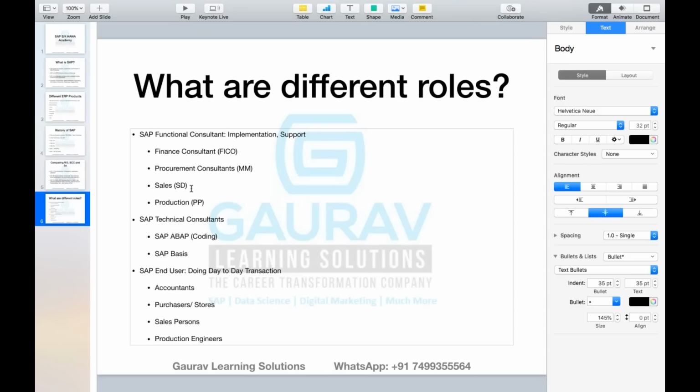I'll show you the system server and all. But for a few sessions, we will continue our discussion on PPTs itself. Once we are done with these initial discussions and we are in the separate classes for FICO, MM and SD, then we will be doing everything practically in the system. I'll be providing you the PPTs, but during the sessions, we will not concentrate on PPTs. We will be just looking at the system.